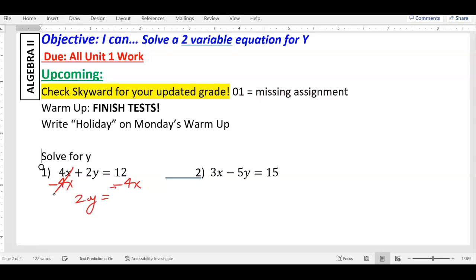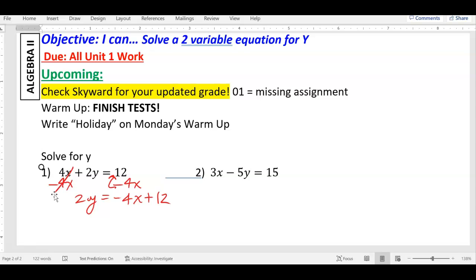It's going to look like this. So I'm going to write negative 4x, and that 12 is positive, so I put plus 12.